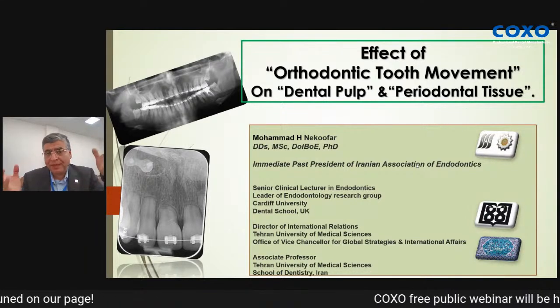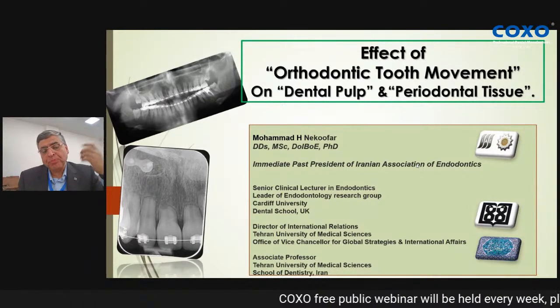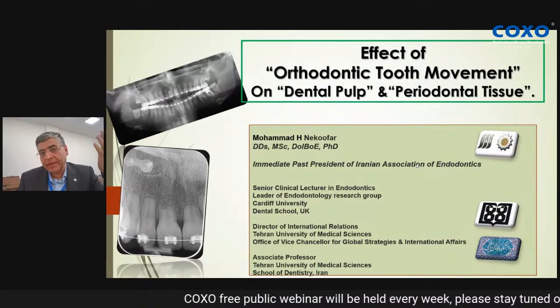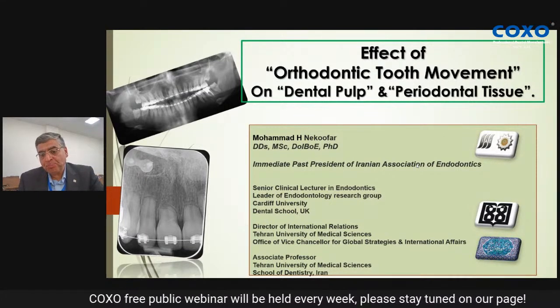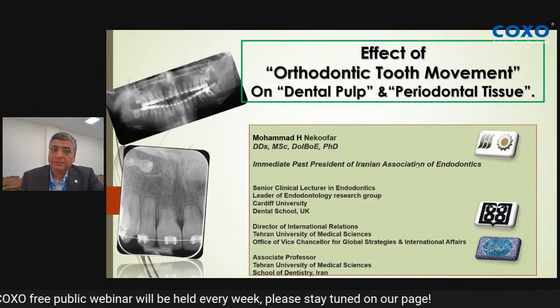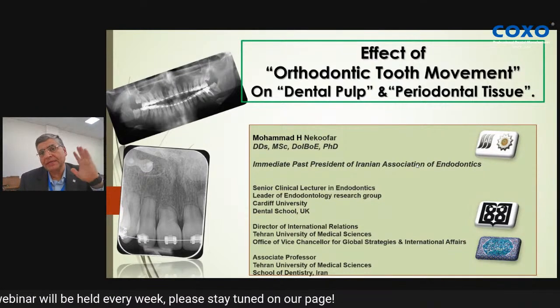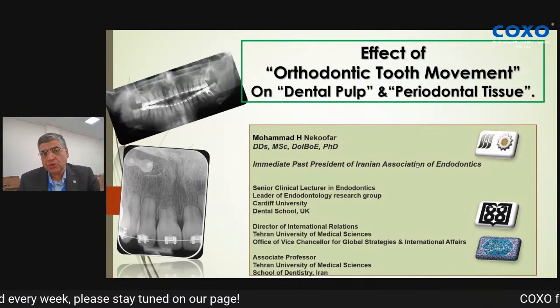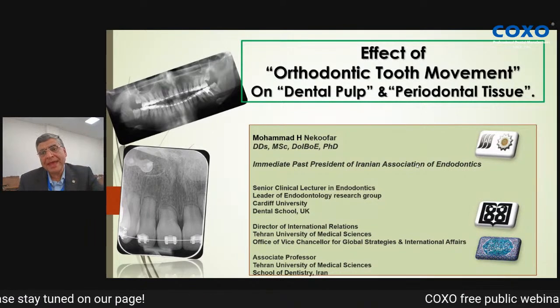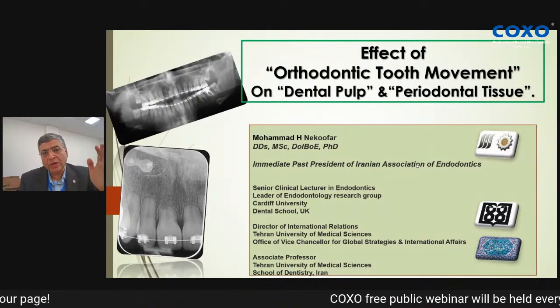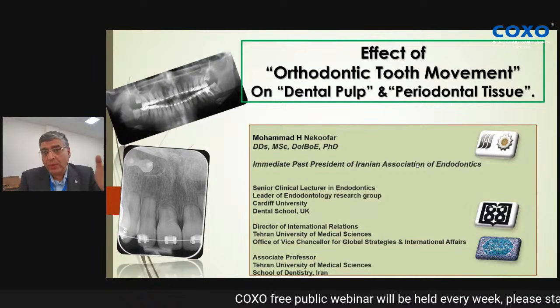We can see a lot of patients who have orthodontic treatments that end up with unwanted and unintentional subsequent effects on dental pulp and periodontal tissues, which we need to know very well.